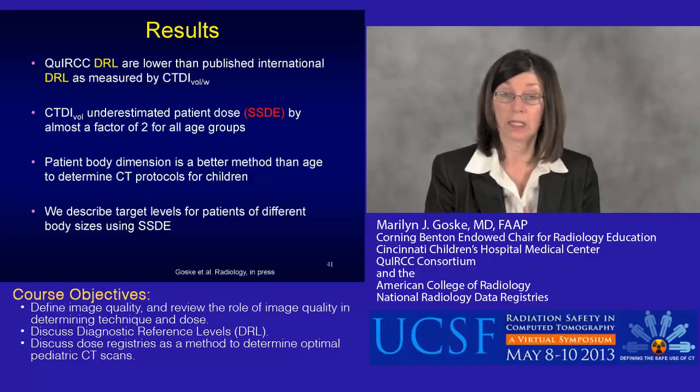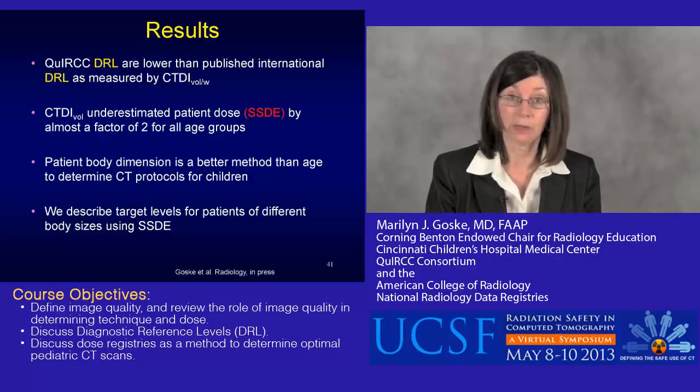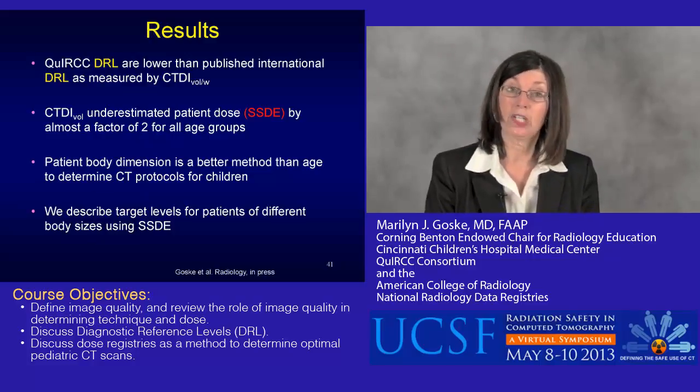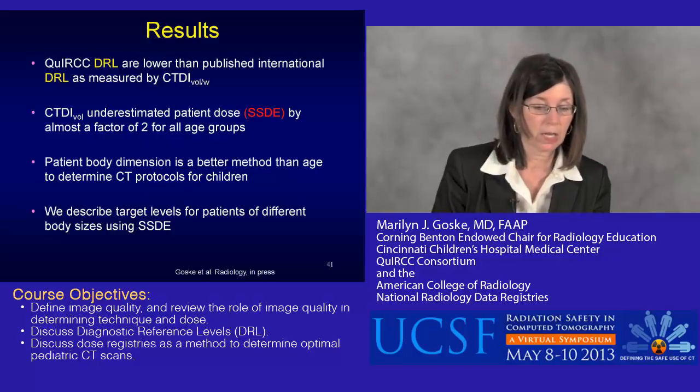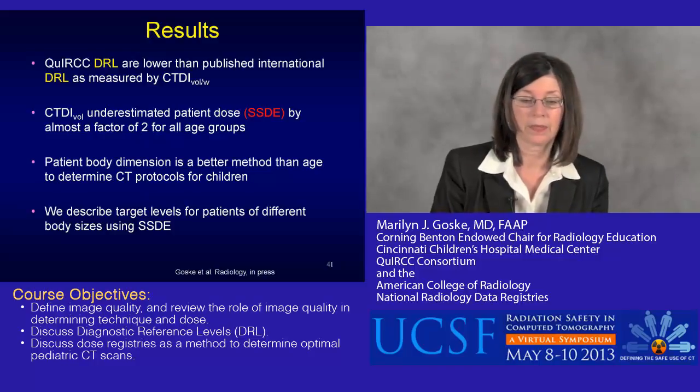We found, not unexpectedly, that CTDI-vol underestimated patient dose by a factor of 2 for all ages. We also found that patient body dimension is a better method than age to determine CT protocols, as we discussed earlier, and that we want to describe target levels for patients of different sizes using SSDE.